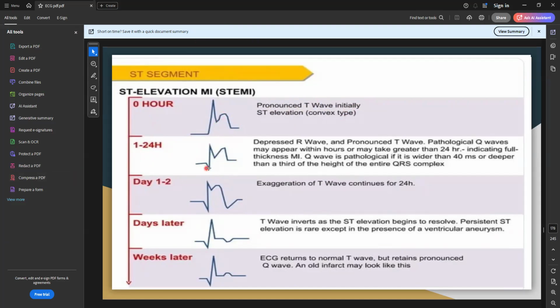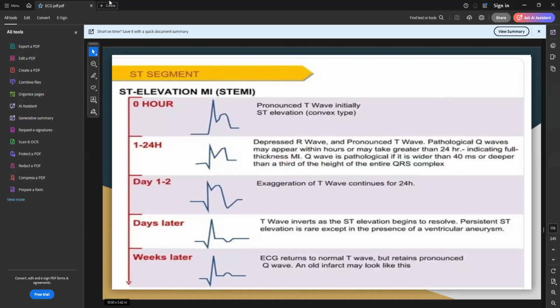there will be a depressed R wave, with the enlarged or pronounced T wave. And pathological Q waves may appear within hours, or it may take greater than 24 hours, indicating the full thickness MI. This Q wave appears whenever there is full thickness infarction.